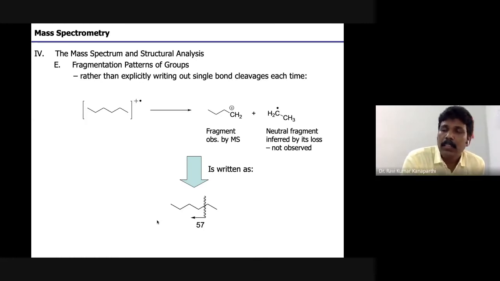Here we will discuss very elaborately the general fragmentation pattern of alkenes. Similarly, the ketones, aldehydes, esters, and carboxylic acids, we will discuss hereafter.